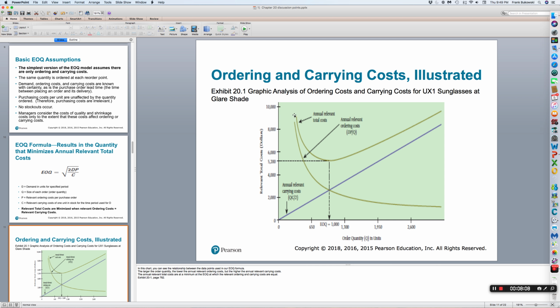So again, our annual relevant total cost is made up of our annual relevant ordering costs, which will continue to decrease until we hit EOQ. Once we hit EOQ, then it starts to increase because the annual relevant carrying cost is going to take over. It's going to be more powerful than the annual relevant ordering costs.